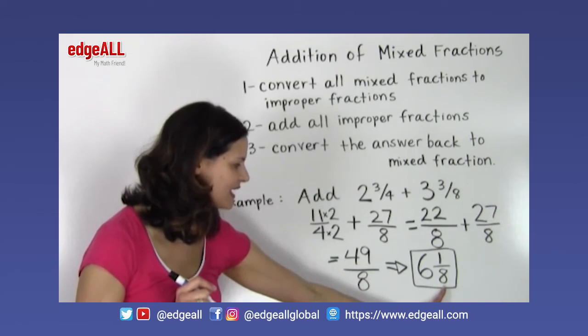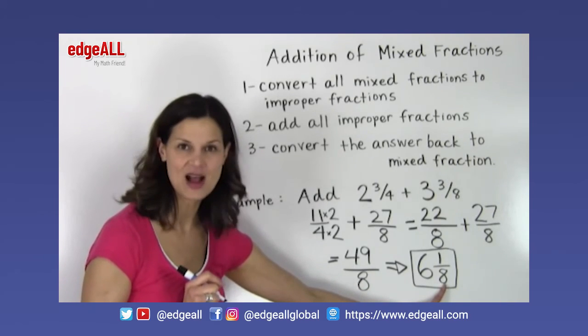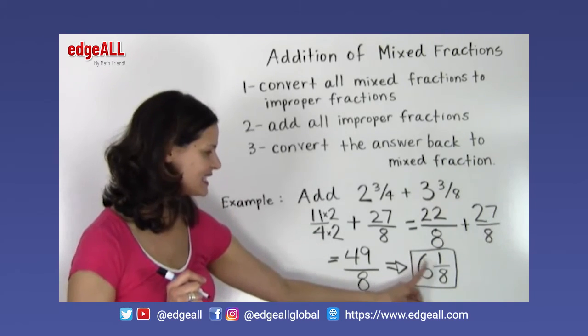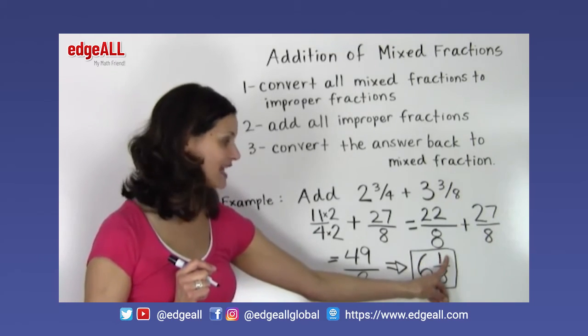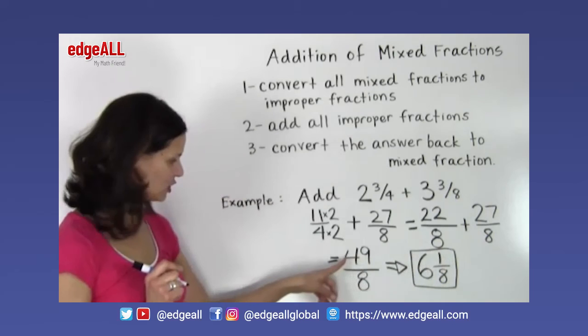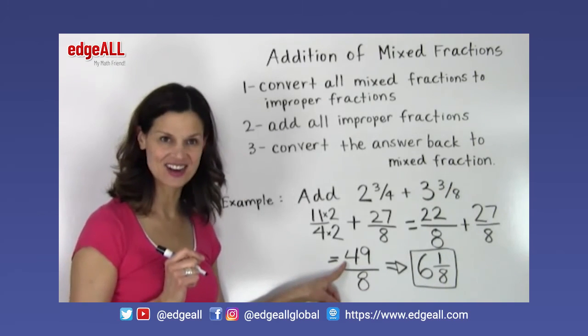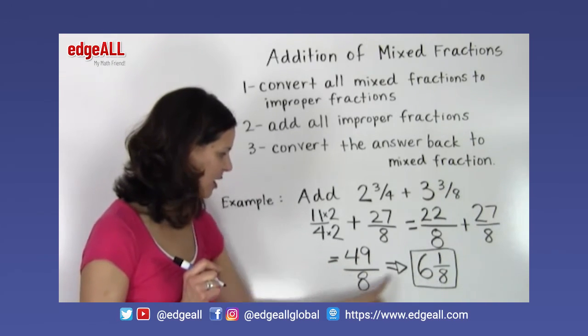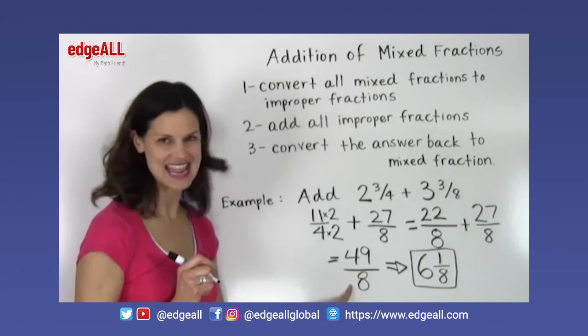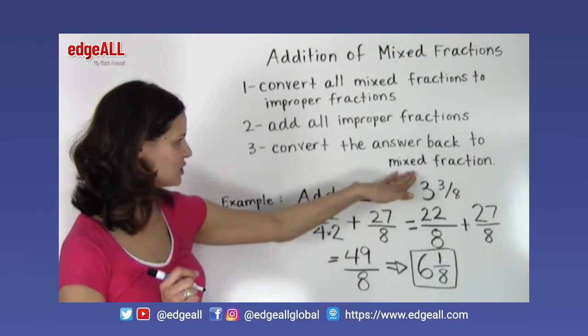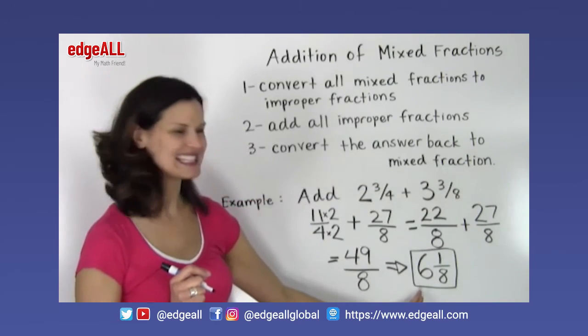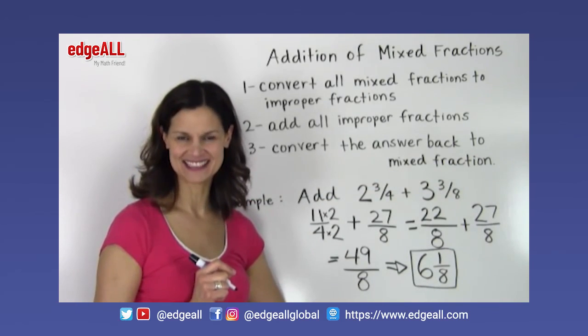So I can check my answer by taking the 8 in the denominator, multiplying it by 6. 8 times 6 is 48. Add 1 is 49. So my numerator should be 49. Sure enough it is. And then my denominator will stay the same as 8. So yes, 49 eighths is converted back to a mixed fraction as 6 1/8.